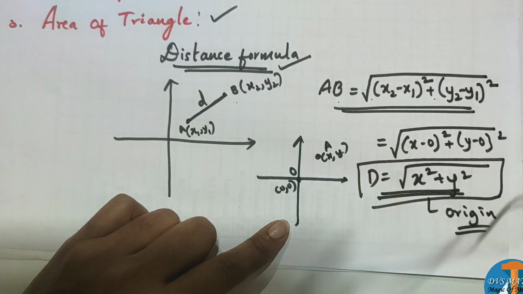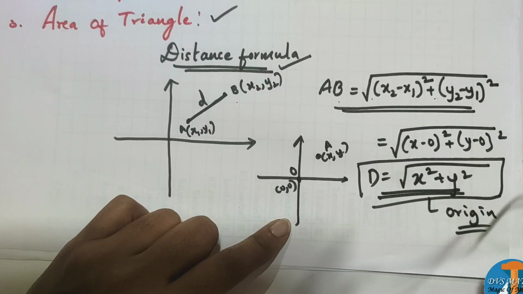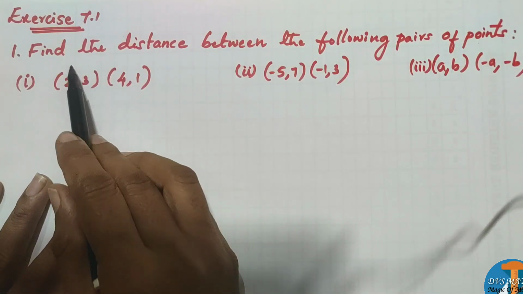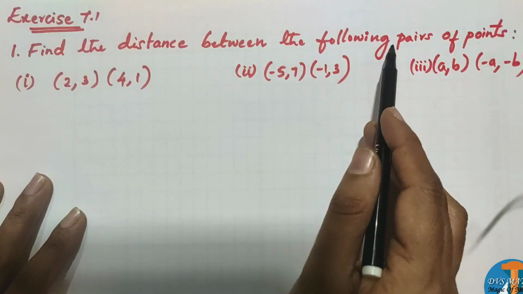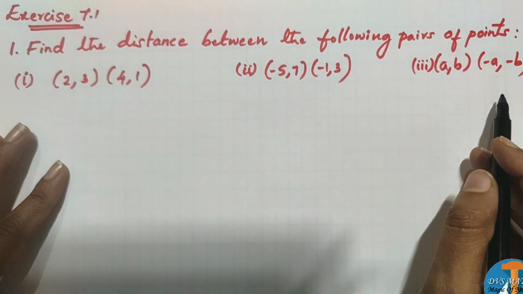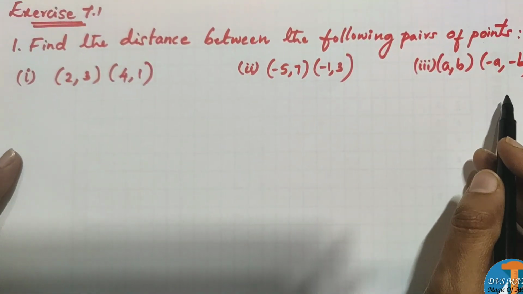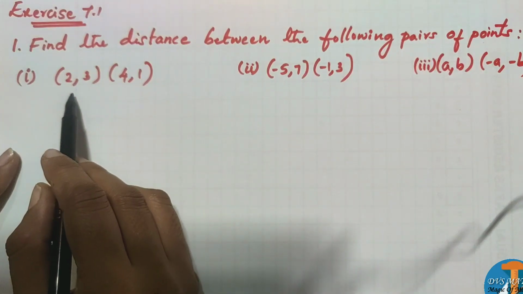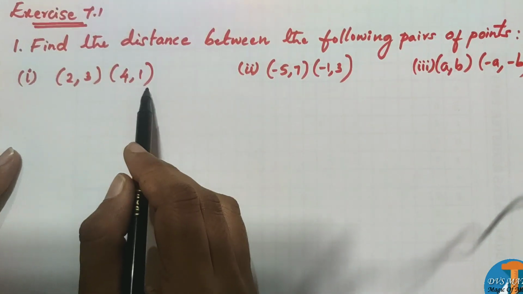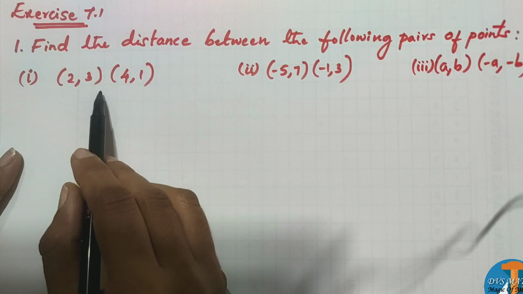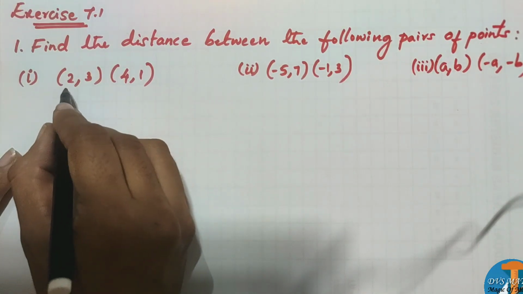So now using this distance formula, let us solve exercise 7.1. Exercise 7.1. Find the distance between the following pair of points. 3 sub questions in this. So let us find one by one. Here you have the points 2, 3, 4, 1. The first point is 2, 3 and 4, 1. Here let us give the name for this.